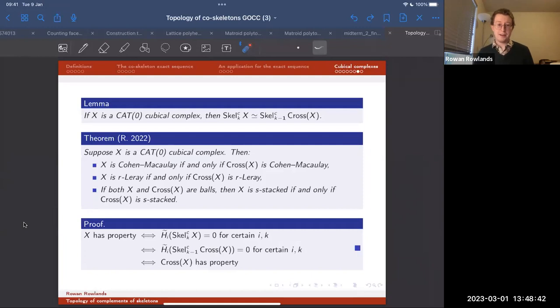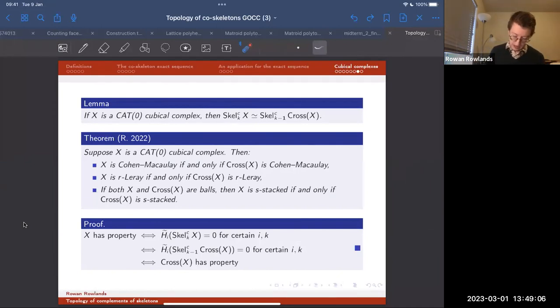So we end up with this theorem here, which says that if X is a CAT(0) cubical complex, then this complex has a bunch of properties if and only if its crossing complex has that same property. I think it's a really cool result. And the proof isn't hard at all now that we've built all of these pieces together.